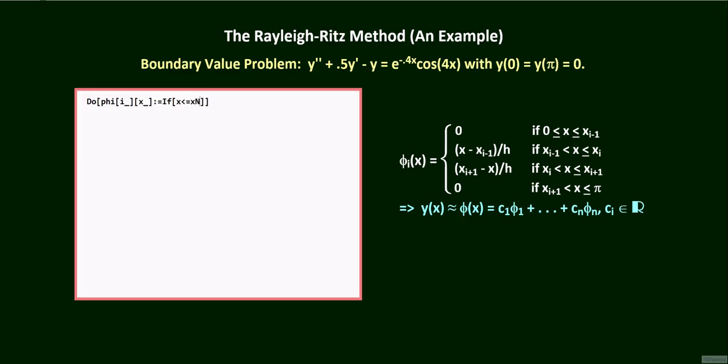So, if x is less than or equal to x node sub i minus 1, phi sub i of x is 0. But if x node sub i minus 1 is less than x, which is less than or equal to x node sub i, then phi sub i of x is the quantity x minus x node sub i minus 1, over h.